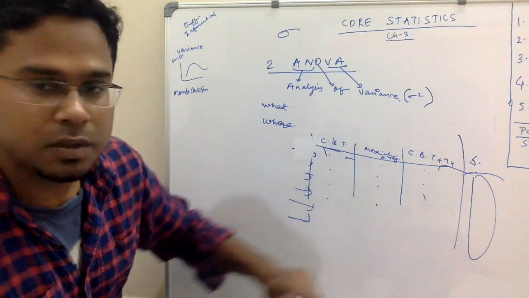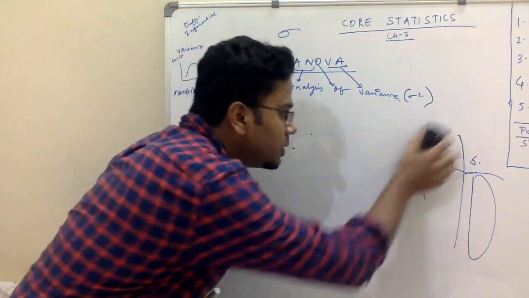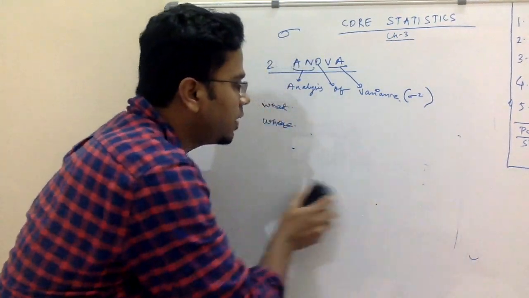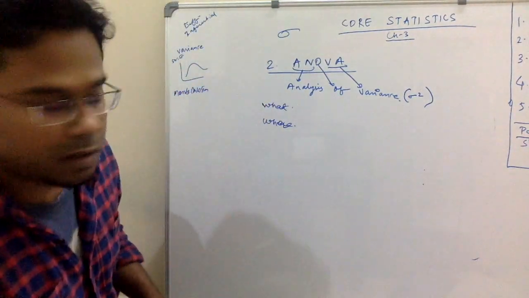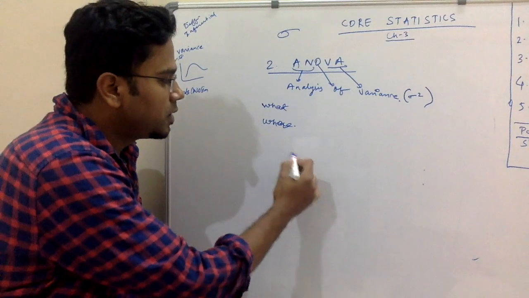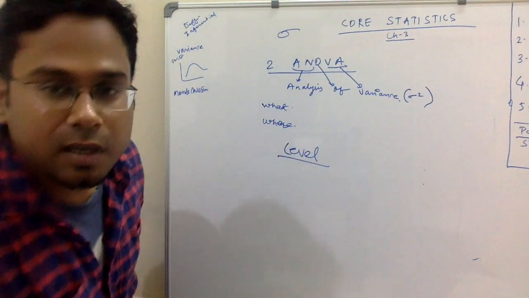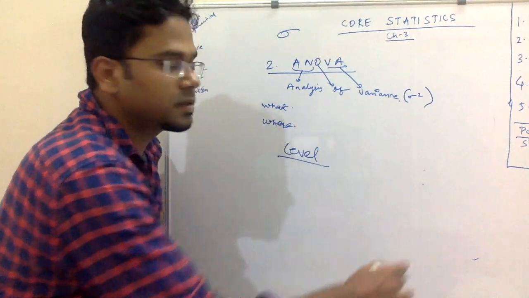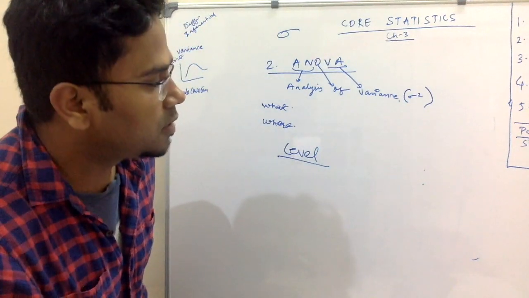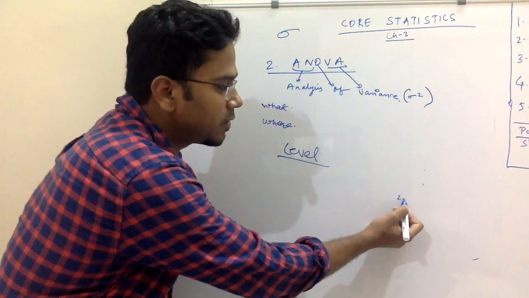These are different groups. Now let me explain a few concepts of ANOVA, on the basis of which I will explain what one-way ANOVA and two-way ANOVA are. First is level. Let's say you did not have numbers for the schizophrenic patients, no scores like 23, 45.